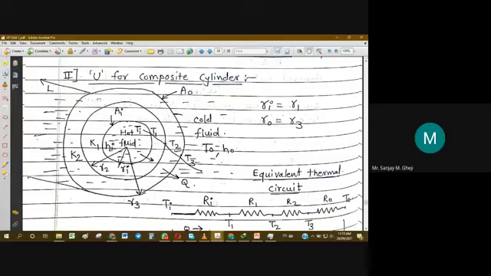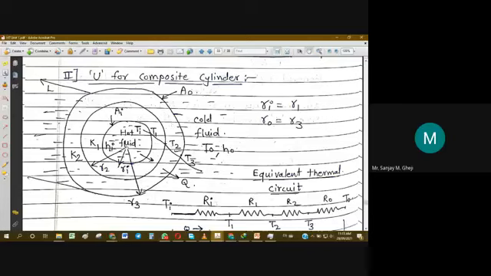The outer layer of insulation is also forming a concentric tube with the inside tube. The tube material has conductivity K1 and the outer layer has conductivity K2.